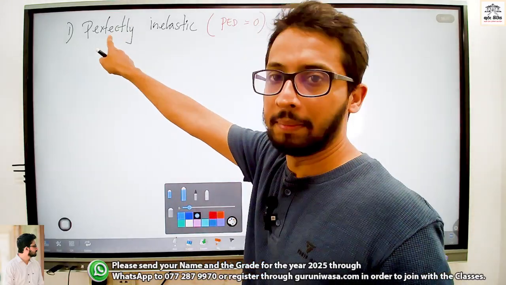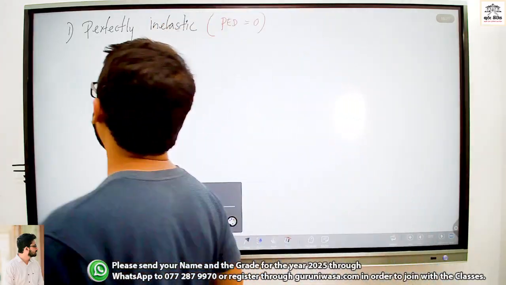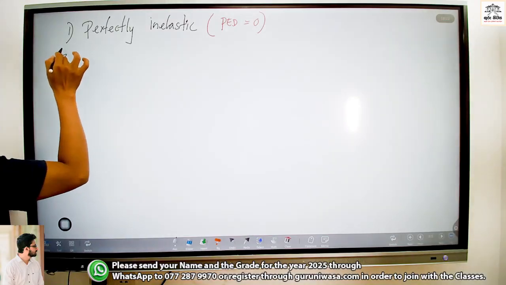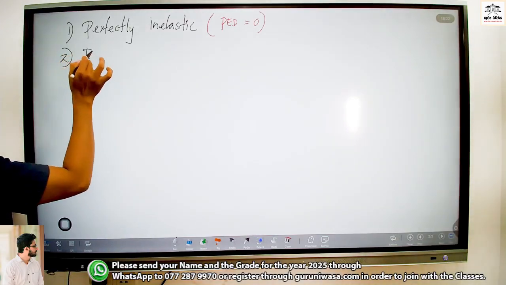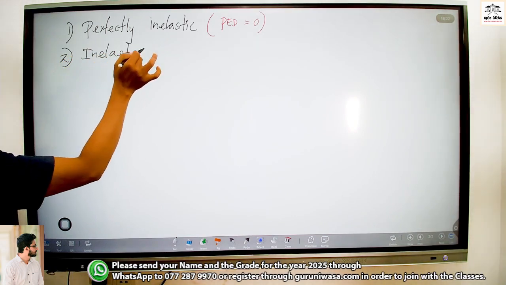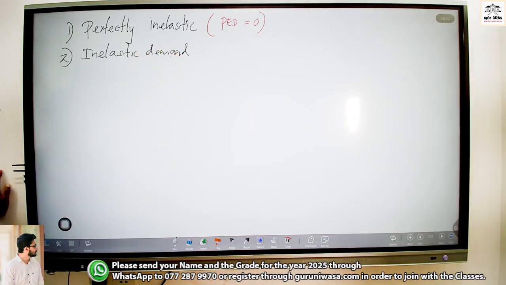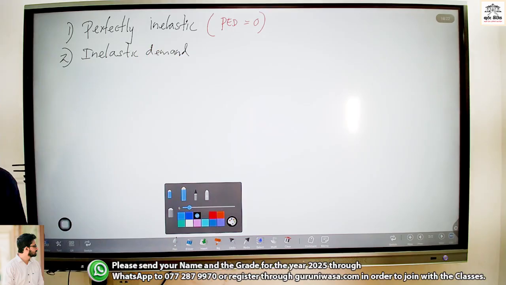No perfectly part, only inelastic. Write down the second category: inelastic demand. Inelastic demand means PED value is less than 1, like 0.8, 0.5, 0.25.